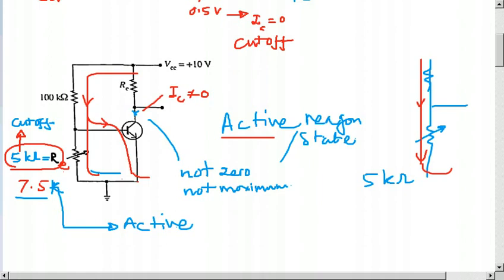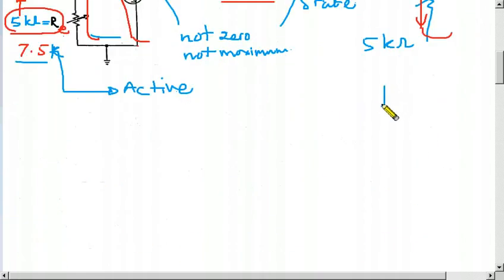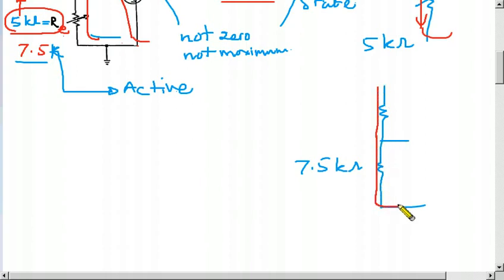If we use a little bit more than 5 kilo ohm, what happens? Something like 7.5 kilo ohm, then current coming from this 10 kilo ohm goes through this 7.5 kilo ohm and some amount also goes to the base.